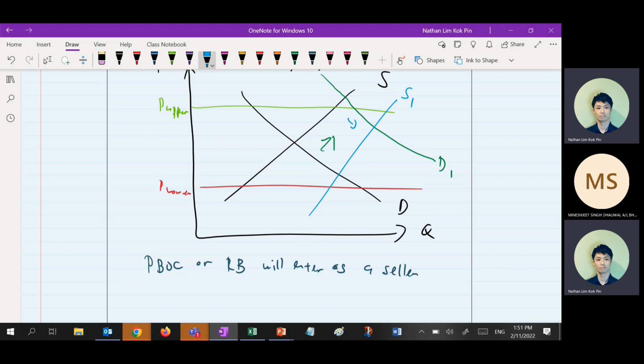Correct? Because most of the things you use right now are made in China. If the currency appreciates too much, China's exports will become very expensive. It will interfere with their GDP.